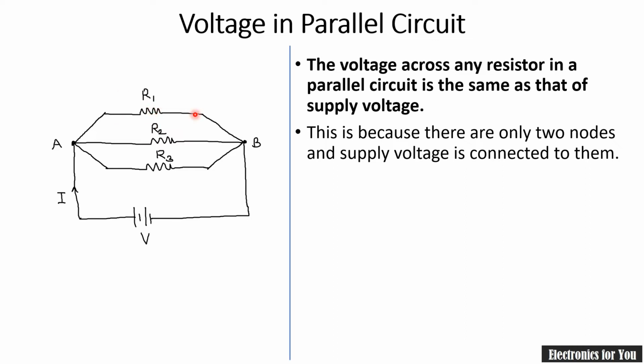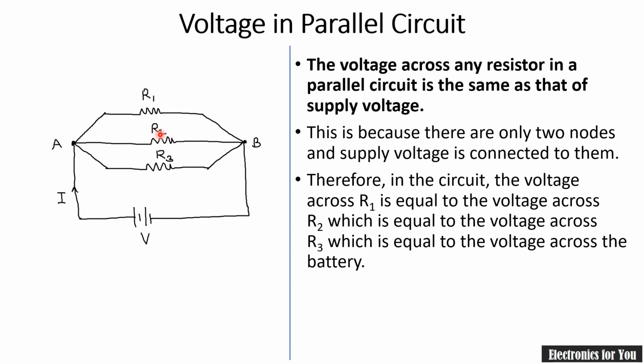It means that the voltage across resistance R1, across R2 and across R3 will all be equal, and this will be the same as the battery supply. So in a parallel circuit voltage remains constant across these two nodes, that is V is equal to V1 equal to V2 equal to V3, where V1, V2, V3 are the voltages across R1, R2 and R3 respectively.